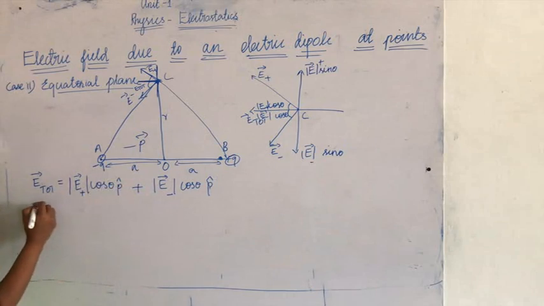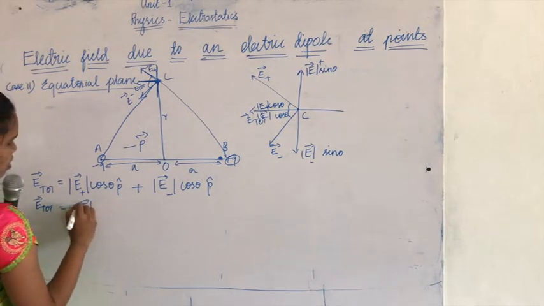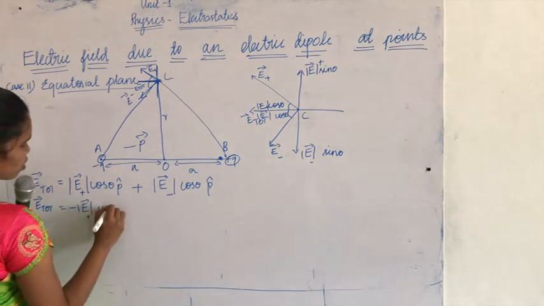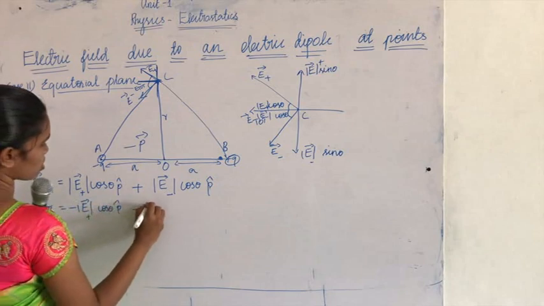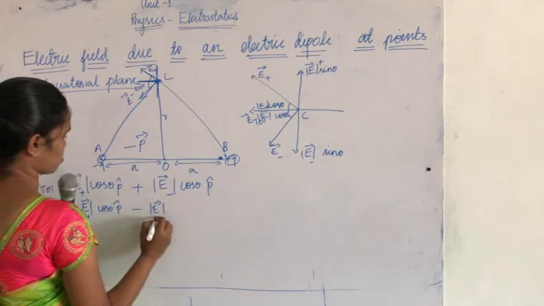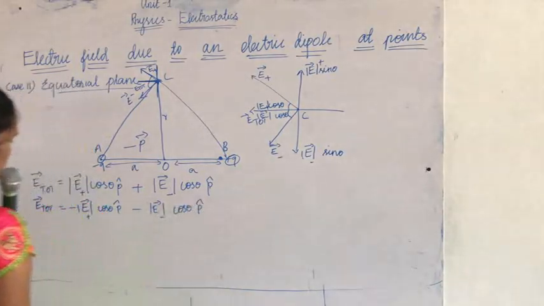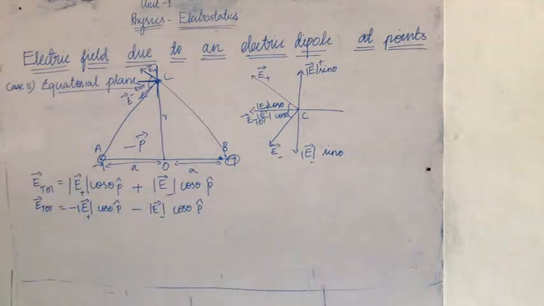E total equal to minus E vector cos theta E cap minus E vector cos theta.